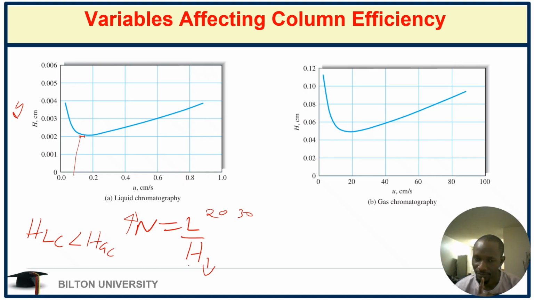Now the initial decrease in both, we have said, is due to longitudinal diffusion. Now why is it that gas chromatography has a higher flow rate compared to liquid? Look, in gas chromatography, we know that gas particles are far apart from each other, unlike liquid particles.